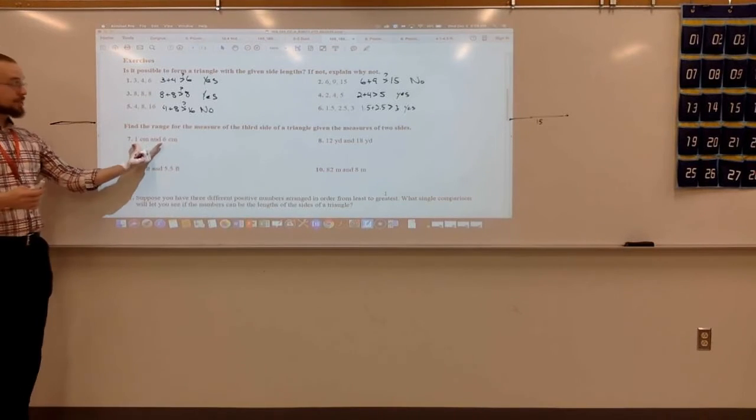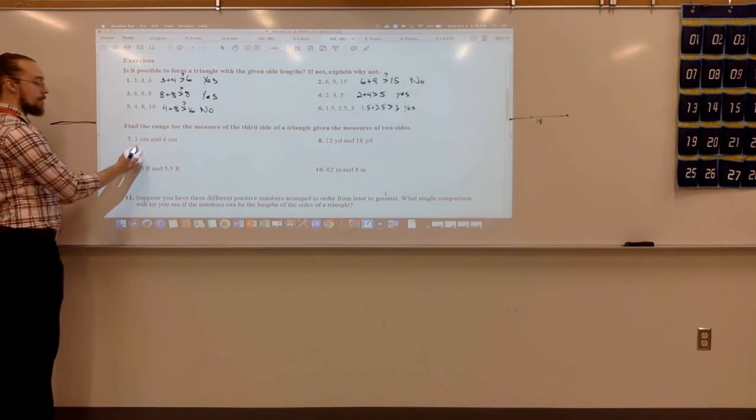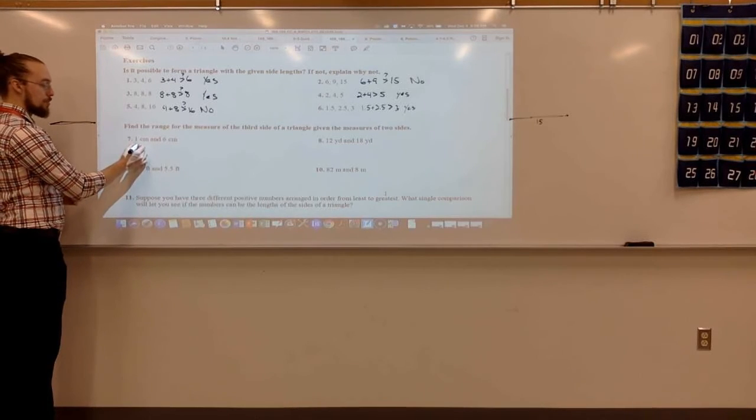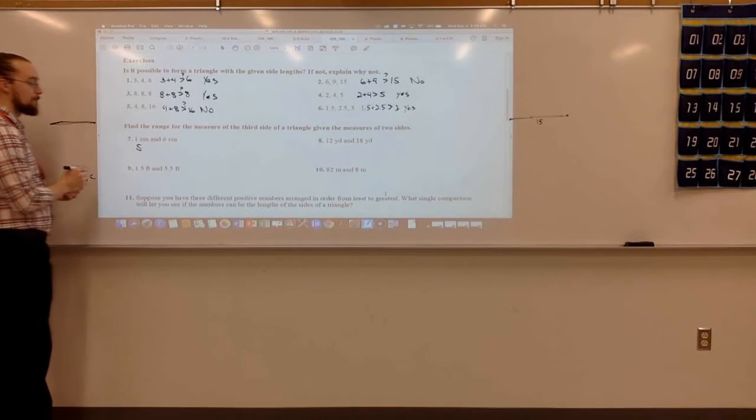What we want to say is that the difference between these 2 numbers is what it has to be greater than. So the smallest this third side can be is, it has to be greater than 5.